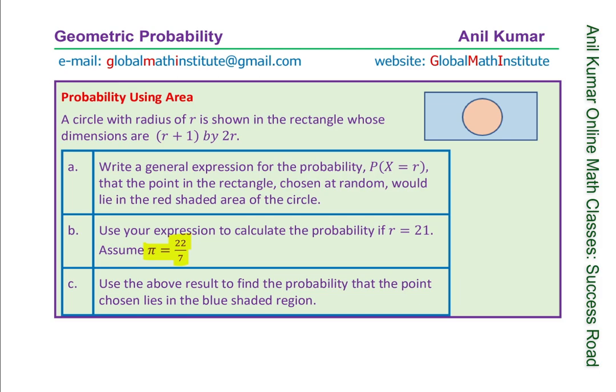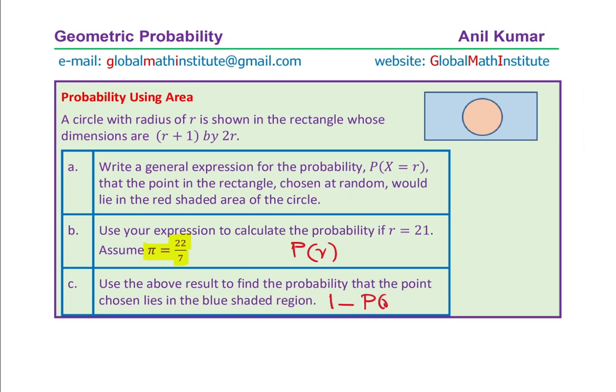Part C is: use the above result to find the probability that the point chosen lies in the blue shaded region. That means 1 minus the probability which you calculated in B. If you calculate this probability as, let's say, PR, then this will be 1 minus PR. That is how you could calculate this probability. Not a problem, right?